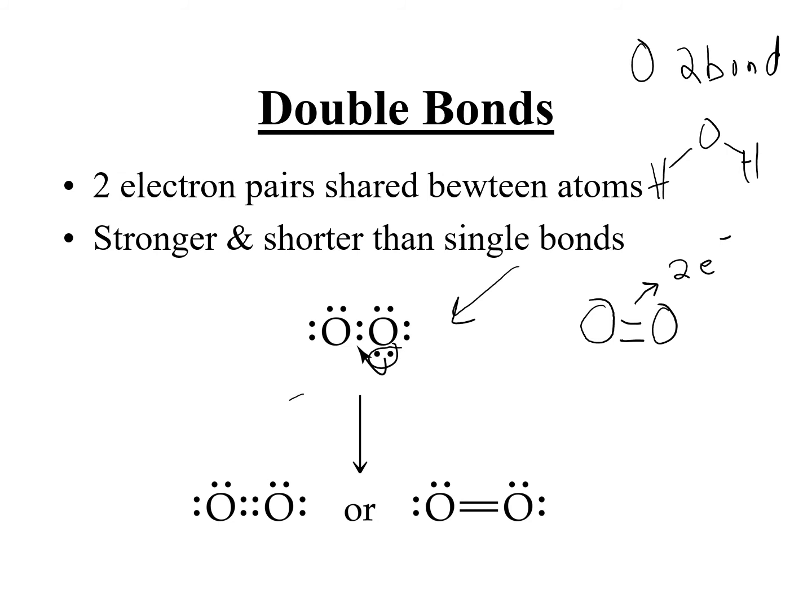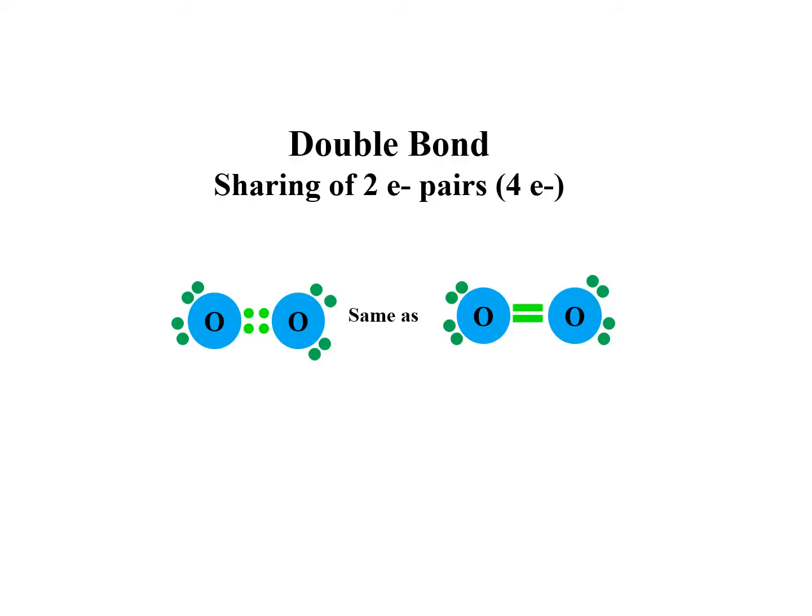So in the picture down here, this is showing me my Lewis dots, that I'm sharing the electrons between these 2 oxygen atoms. And anytime you're sharing electrons, we have 2 dots, it's represented with a line. So this is a double bond. The double bonds are actually going to be stronger and shorter than single bonds. So this again represents our double bond.